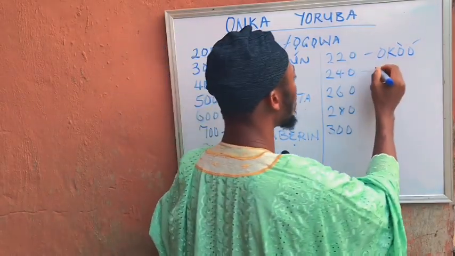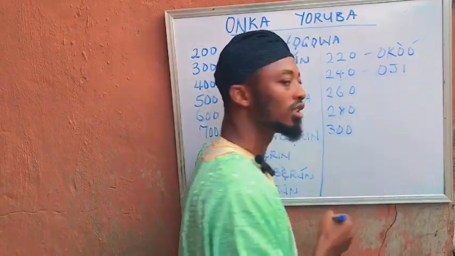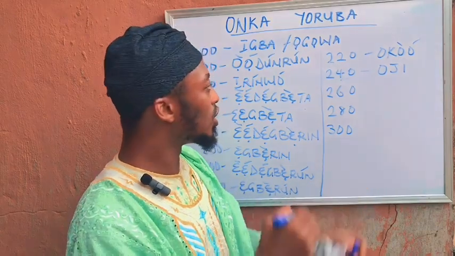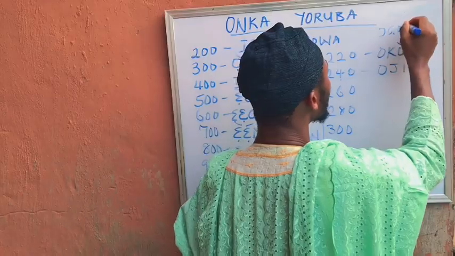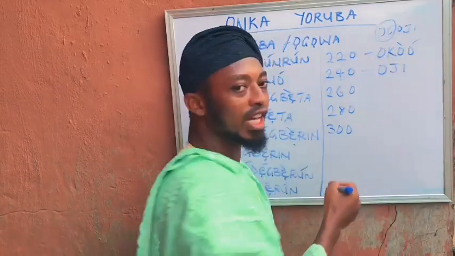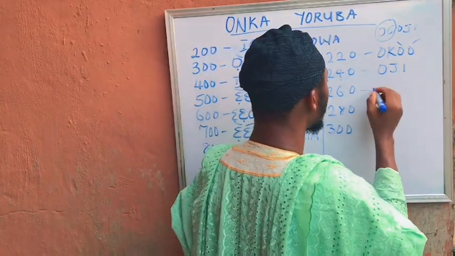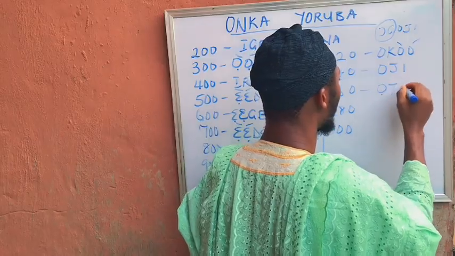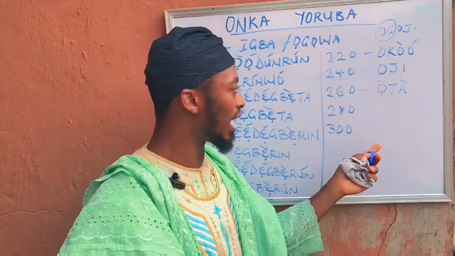Okay? 240. This 40 here will now become Oji. So what gives us this Oji? We have Ogoji, then we take out these first two letters, giving us Oji. Then 260. 60 here will now become Ota.